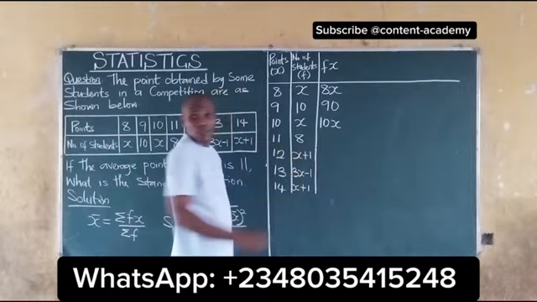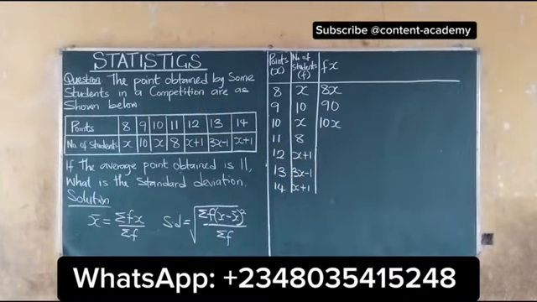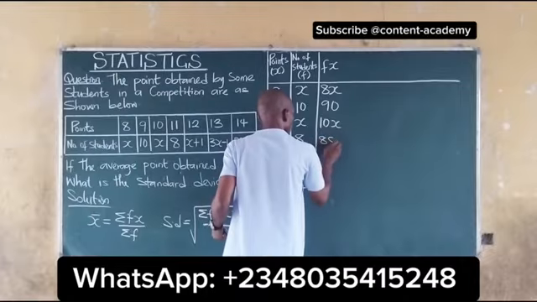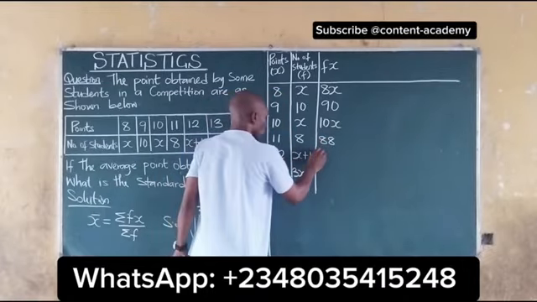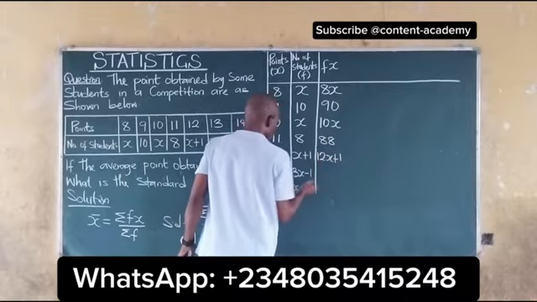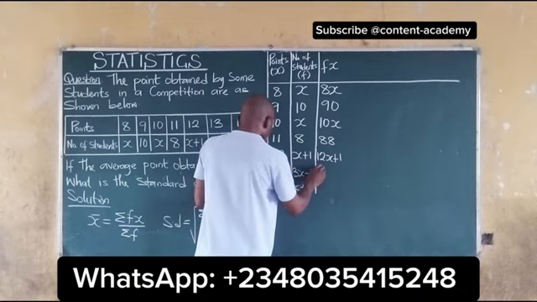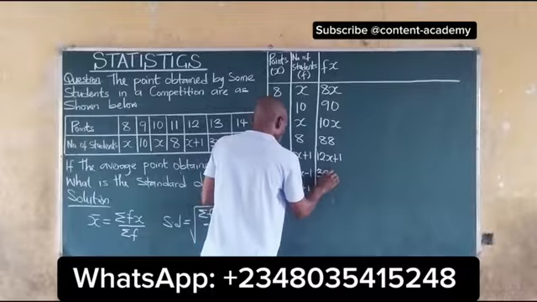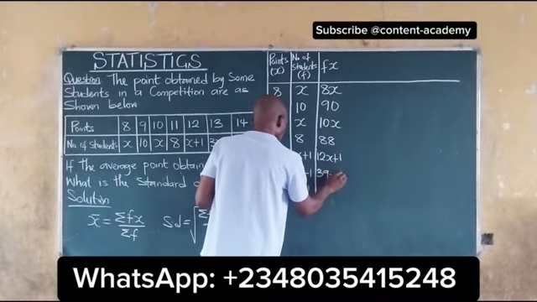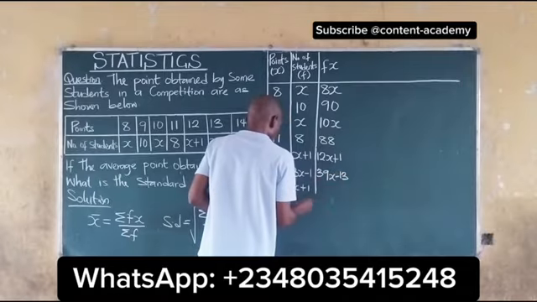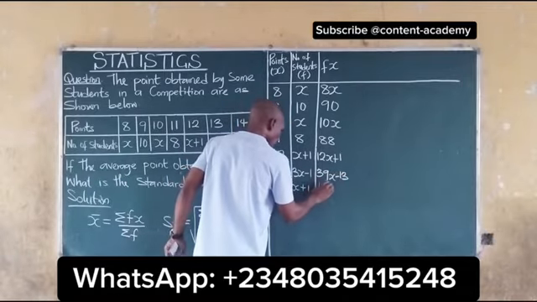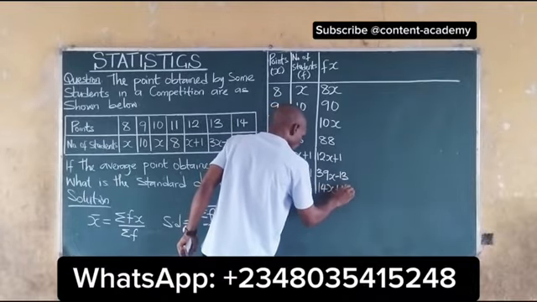The fourth one is 11 multiplied by 8, which is 88. 12 multiplied by x plus 1 is 12x plus 1. 13 multiplied by 3x minus 1 is 39x minus 13. And 14 multiplied by x plus 1 is 14x plus 14.